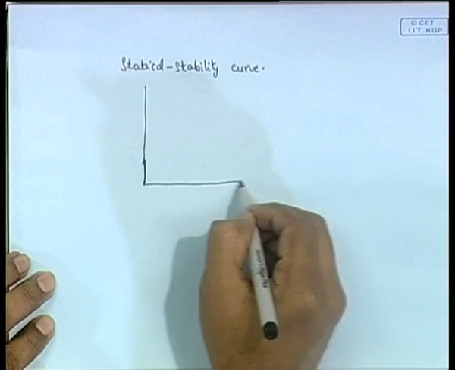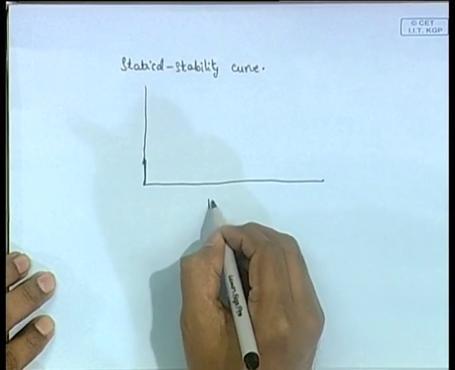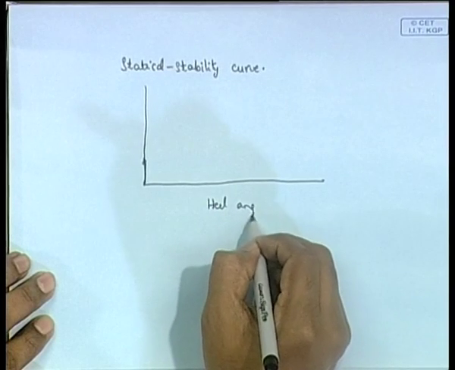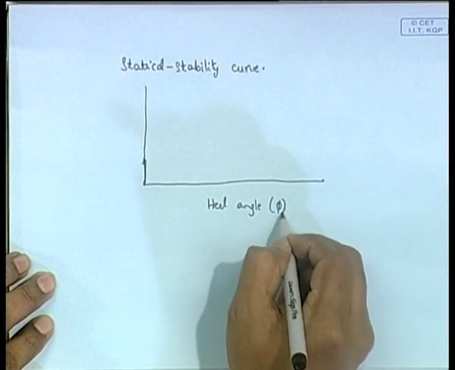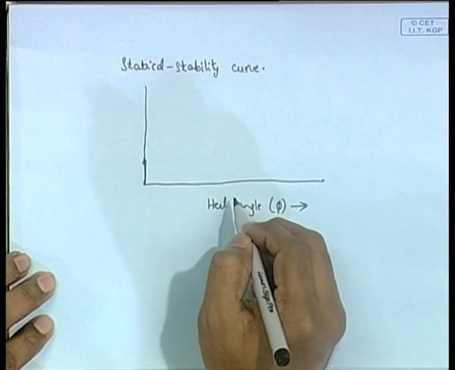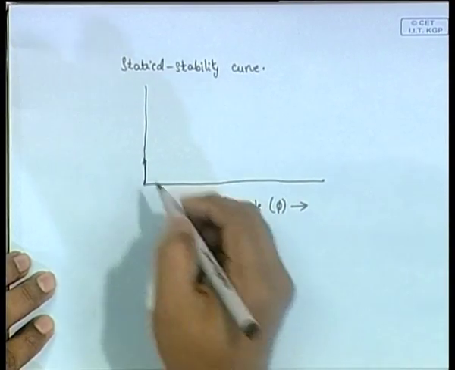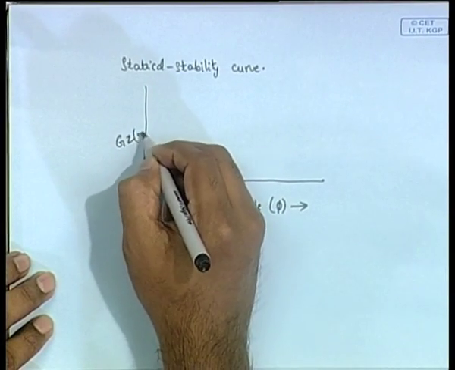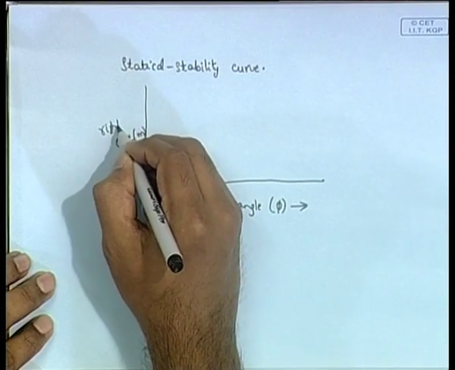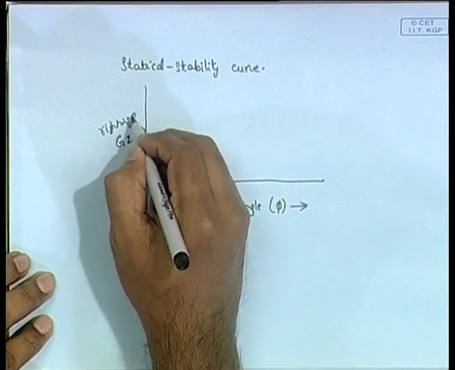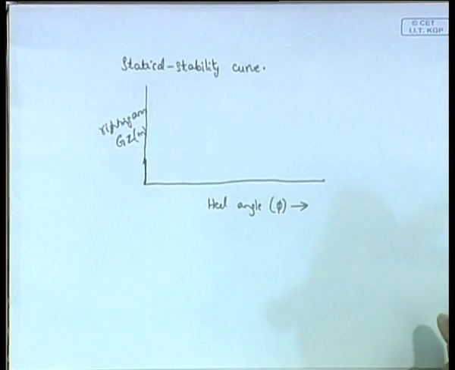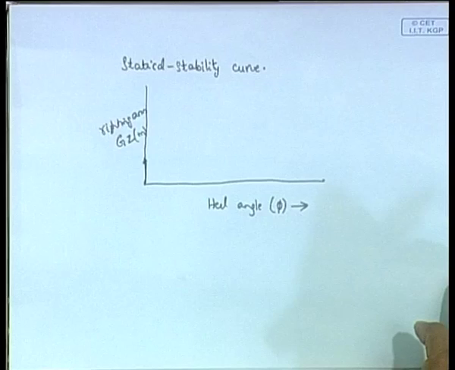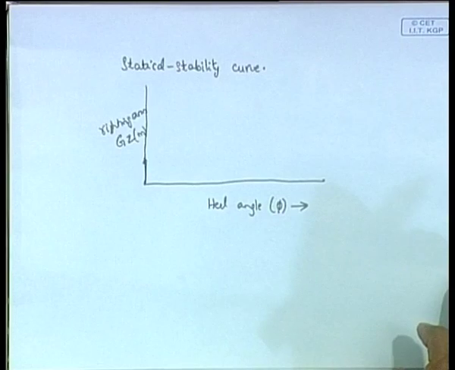First of all, it is a curve between heel angle, which is phi, and Gz, in meters. So, this is the righting arm. So, the statical stability curve is actually the curve between the heel angle and your righting arm.